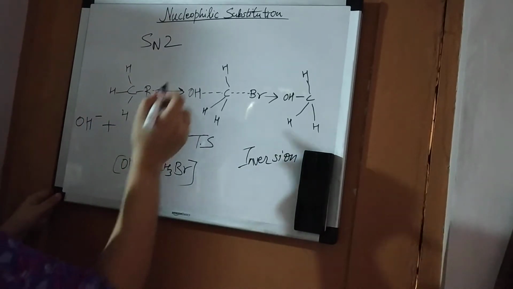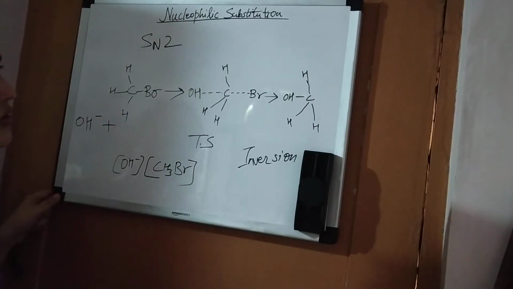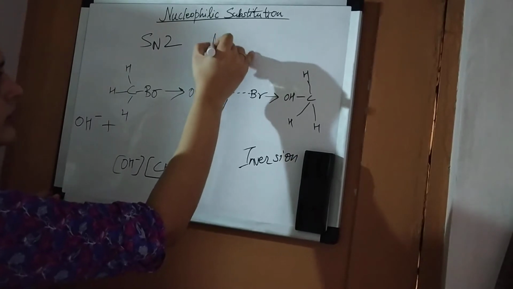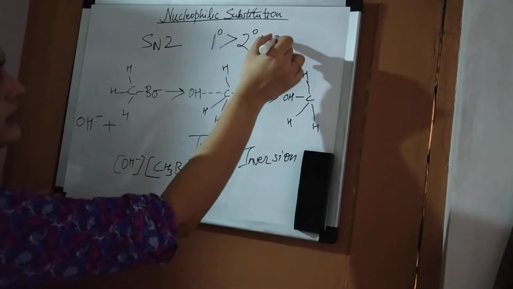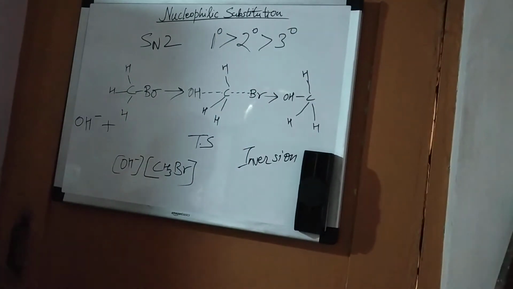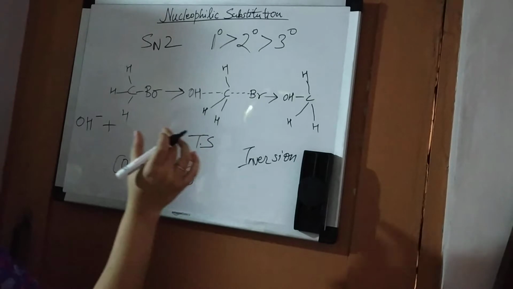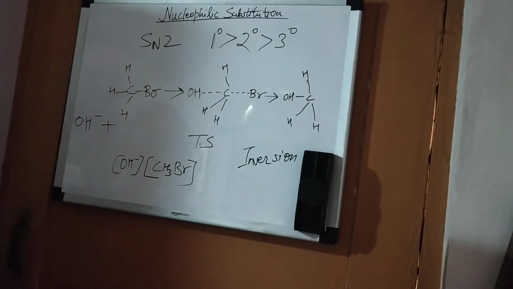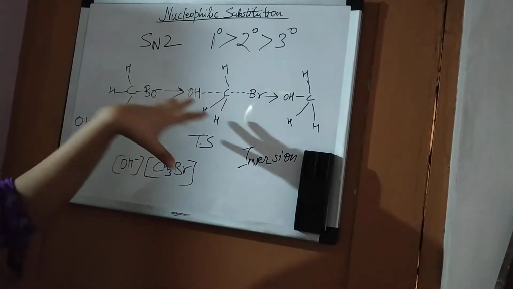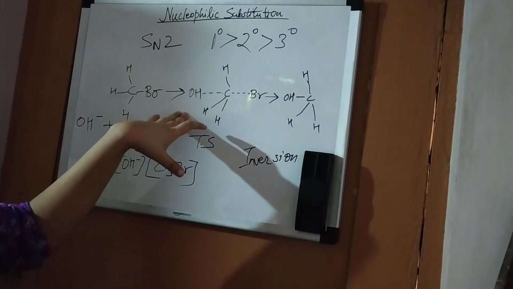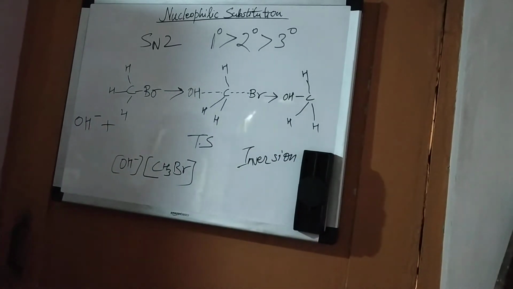So in the SN2 reaction, the rate of reaction will be high for primary alkyl halide, then secondary, and then tertiary, because in the tertiary alkyl halide the bulkiness of the alkyl groups will hinder the incoming nucleophile from attacking. So this was about the SN2 reaction.